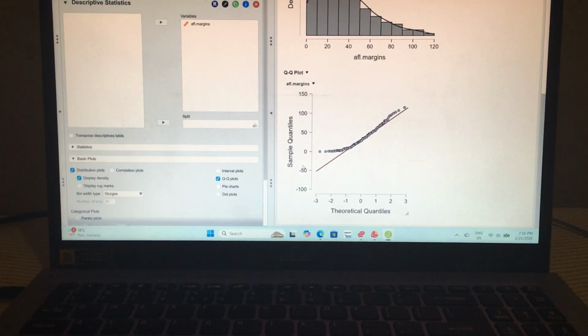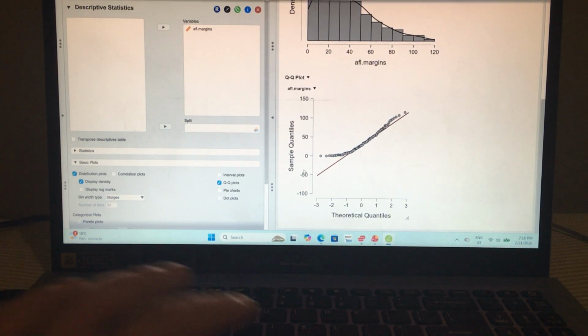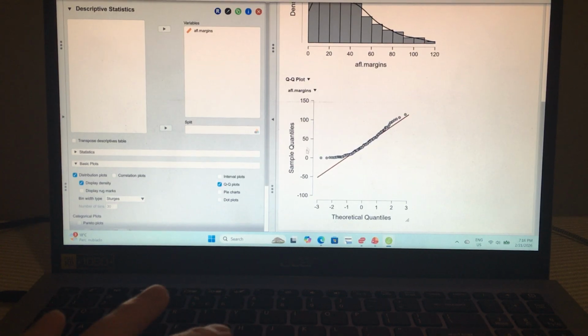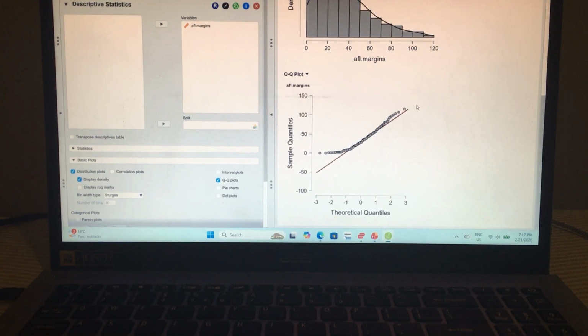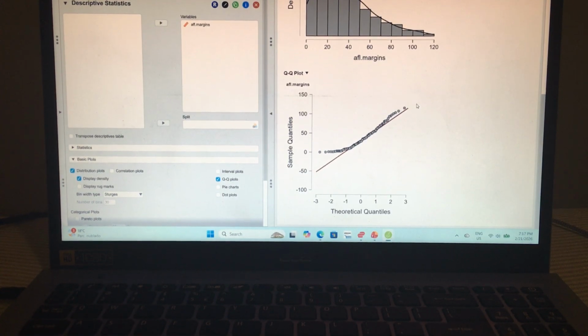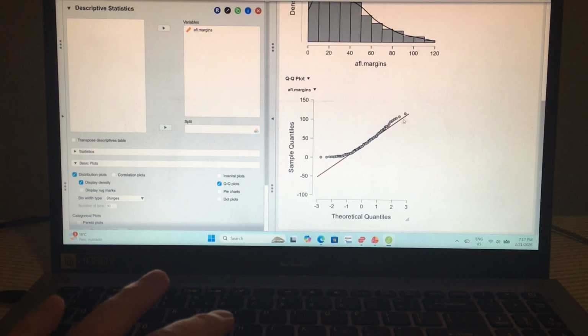Given this clear skewness in our histogram, we wanted to see how the QQ plot was impacted. So we made our QQ plot of these data, and we can note that the points on the ends here and here do deviate from the straight line, right?